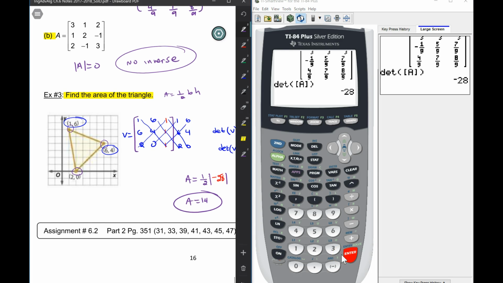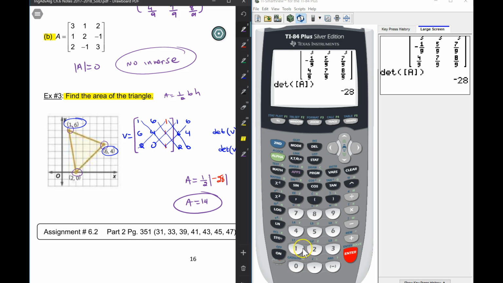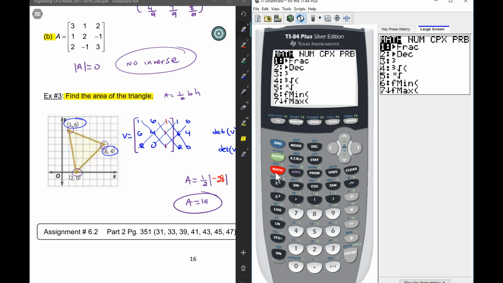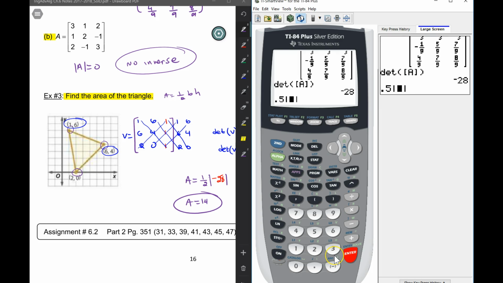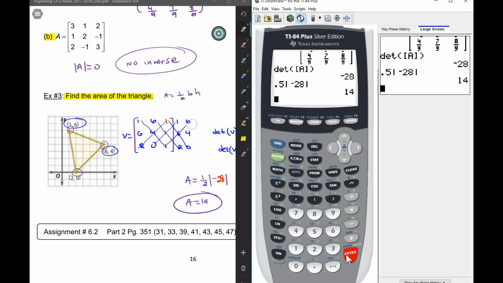Well, what's the area? The area is 1/2. Is 1/2 the same as 0.5? Yeah. It's 1/2 times the absolute value. Where is absolute value? It's in math, number, absolute value of negative 28. How'd you get that absolute value?